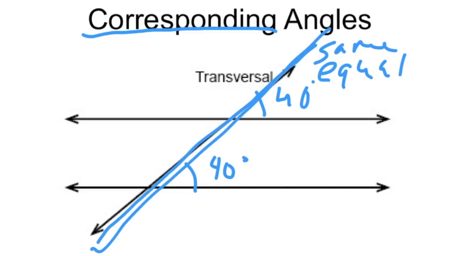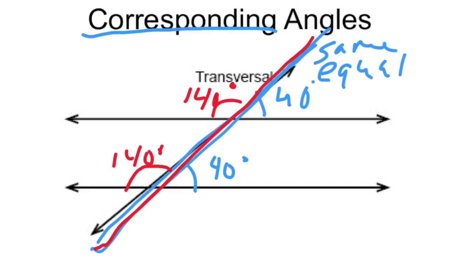Here's another corresponding angle. Here's 140 degrees, and then on the same side of that transversal, there's another 140-degree angle in the same position on the second parallel line. Those are corresponding angles. Corresponding angles are always equal.